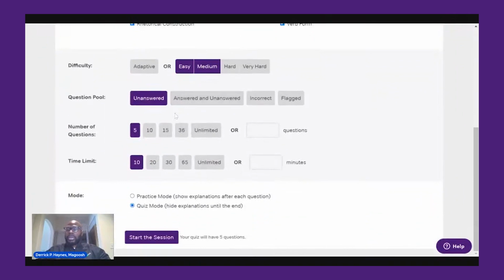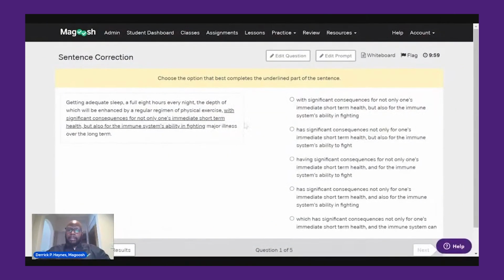And so you'll do the same with this. You'll start your session and then you'll begin to work through, right? And so you'll work through the problem set and try out information and try out different steps.